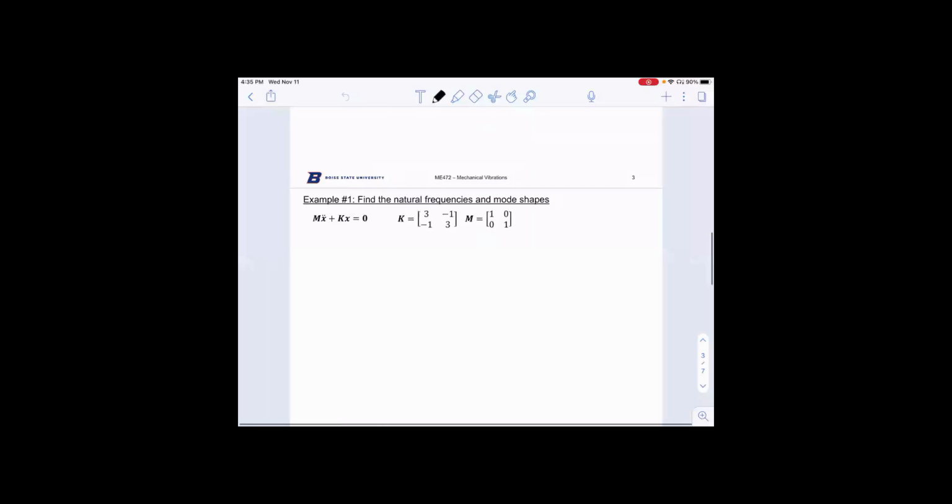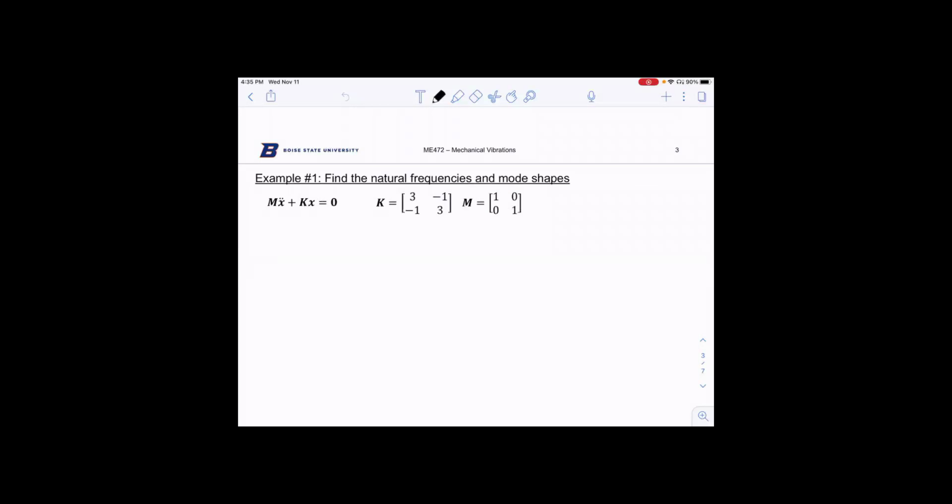When you see natural frequency and mode shape, you have to remember one thing: your natural frequency of the system is equivalent to eigenvalue, and your mode shape is equivalent to eigenvector.